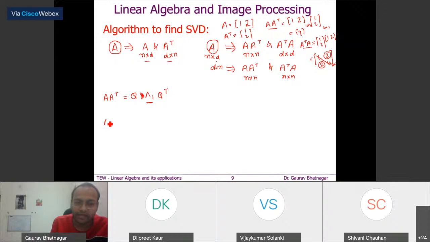In a similar manner, when you take A transpose A, you are again going to have an eigen decomposition, because it's a symmetric matrix, let's say R sigma 2 R transpose. These matrices are going to give me the singular value decomposition. Can anyone tell me the relationship between gamma 1 and gamma 2?